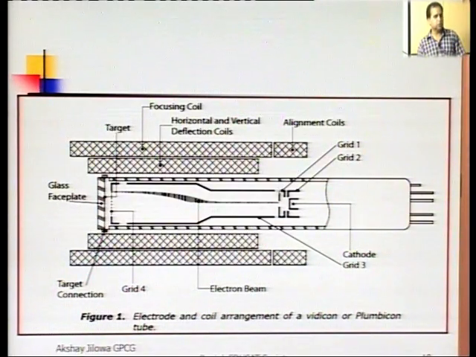One is the control grid and the second is the accelerating grid. In the control grid, we control the velocity of electrons. First they are made to travel at the same speed, and then they are accelerated by using these grids.